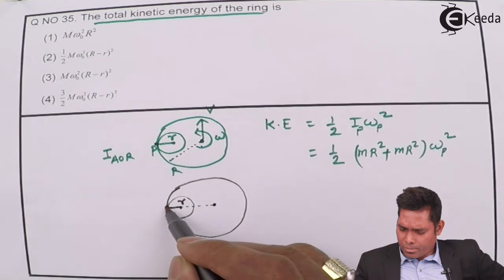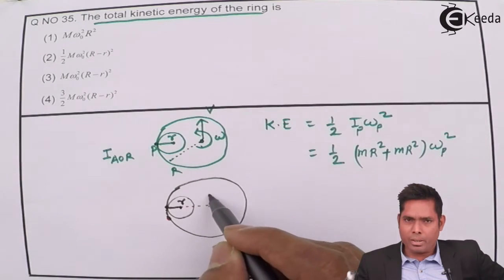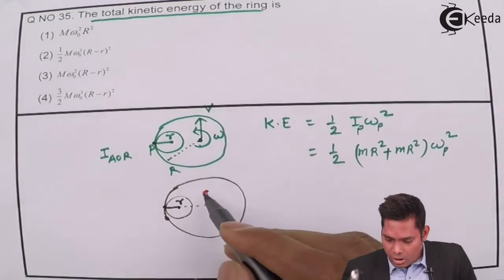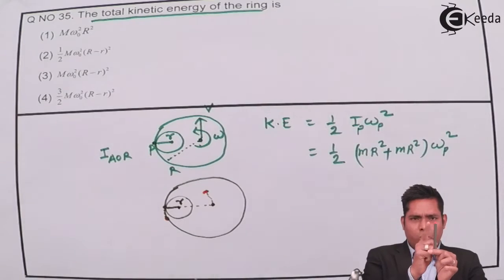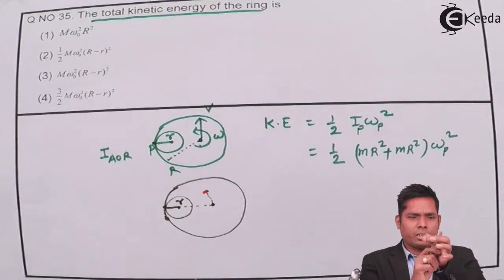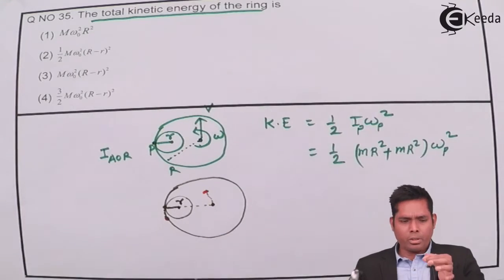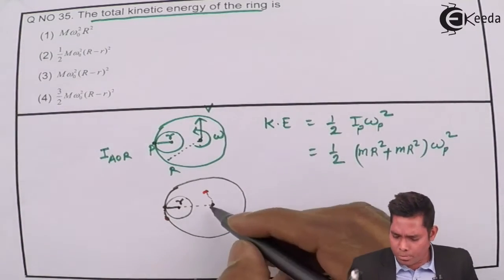After a second, when it comes to here, this moves to here, then this whole thing will move to somewhere here. When this rotates like that, and this rotates like this, it keeps the ring moving. When this rotates, this is changing position, and this is also rotating, so this will also change position, suppose from here to here.